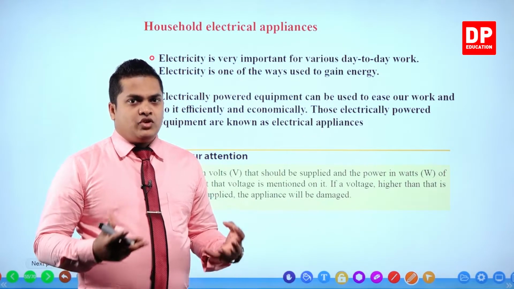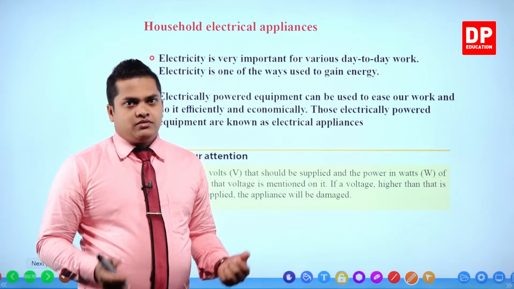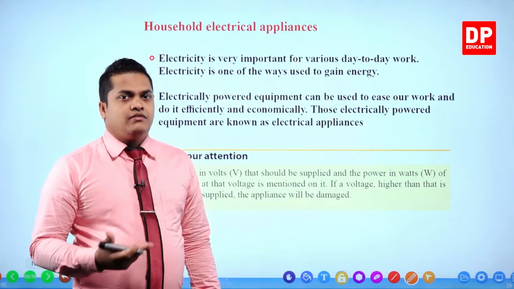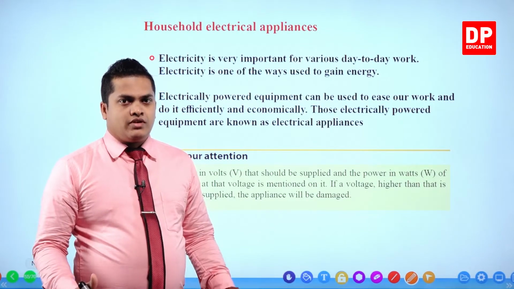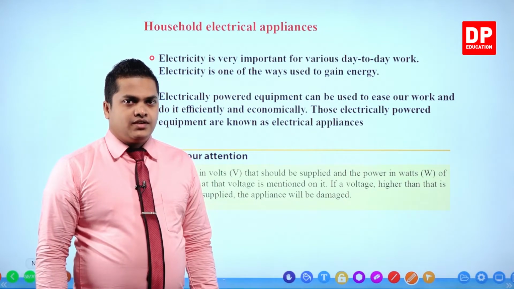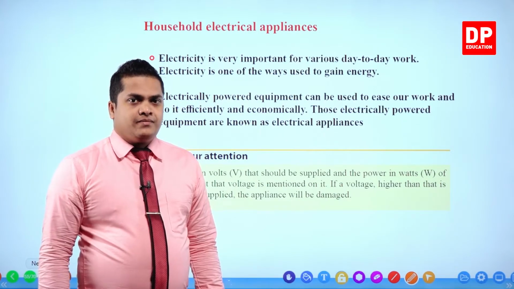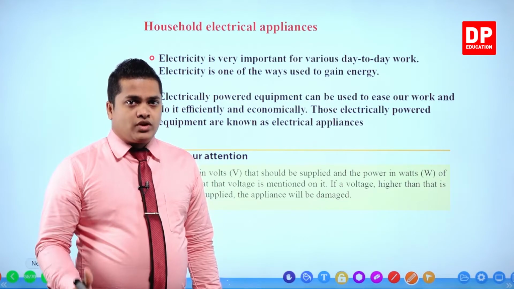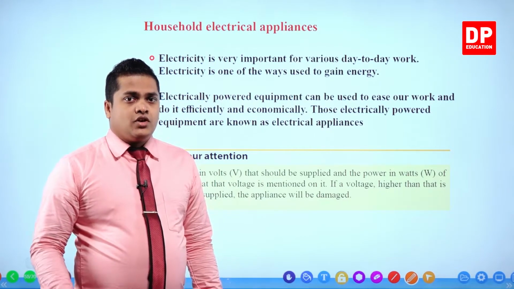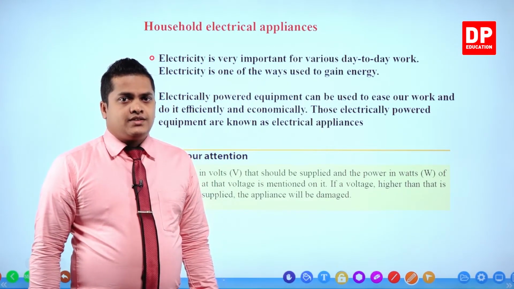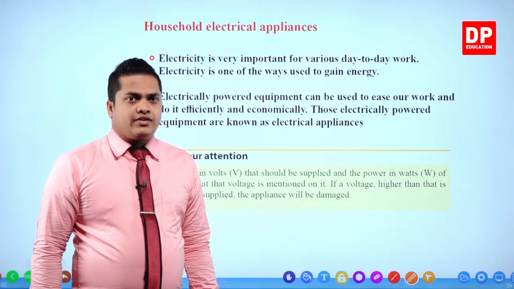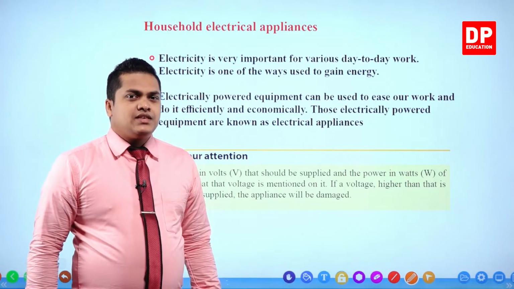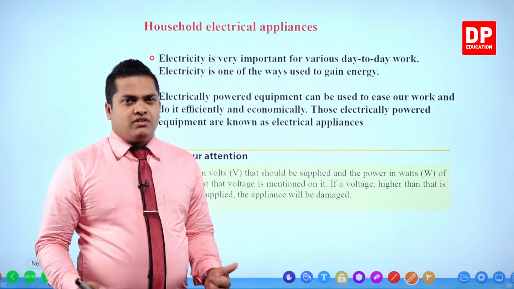For entertainment, we use the radio and television. To get light, we use light bulbs. The refrigerator, electric iron, rice cookers, air conditioners, all of these are considered household electrical appliances. These things are used in houses to make our work easy.